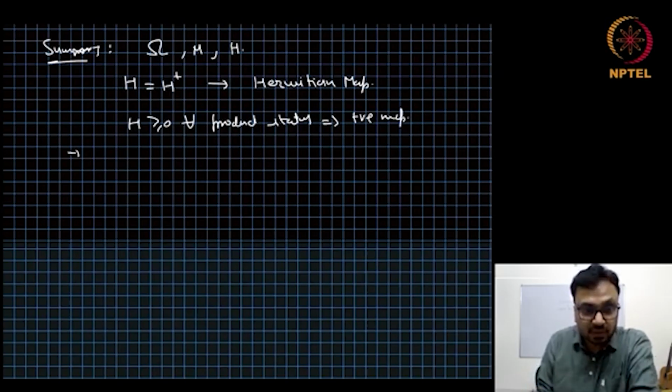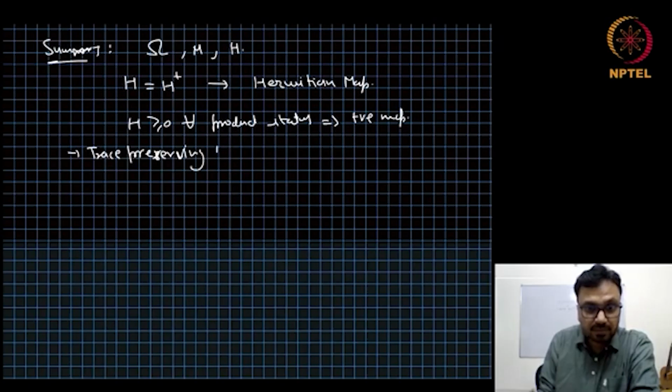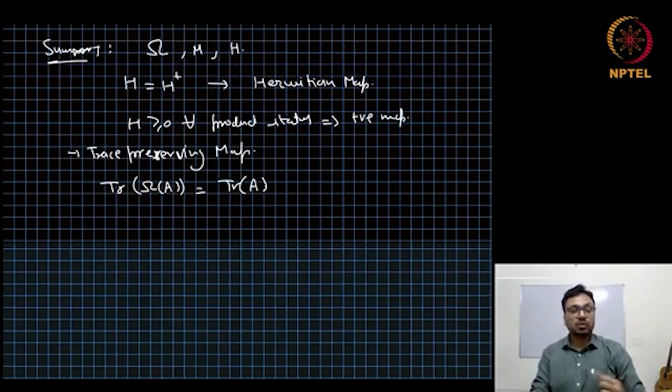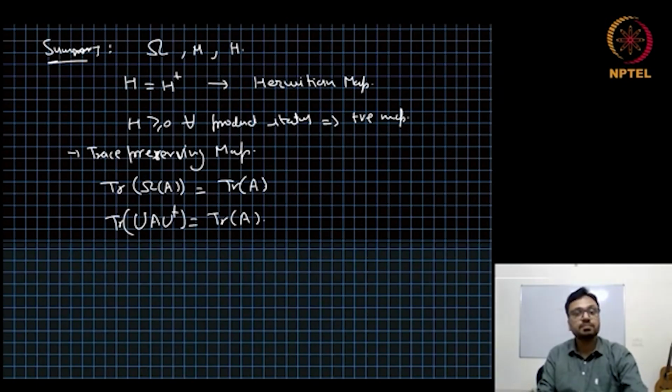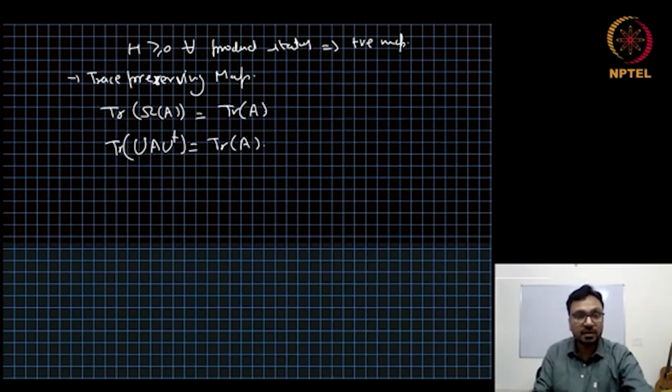There is another condition, it's called a trace preserving map. That just means trace of omega of A equals trace of A. So the operation does not change the trace. For example, a unitary matrix acting on a matrix A, like U A U dagger, has the same trace as A. So this is a trace preserving map.